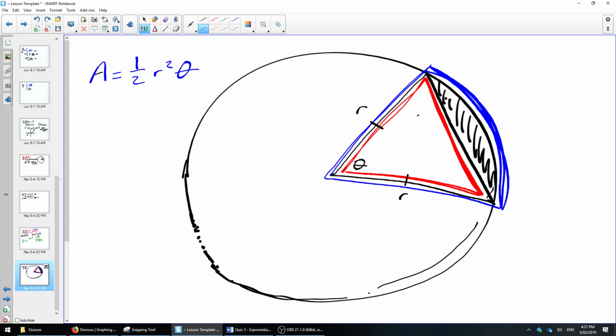That red area, the area of a non-right angle triangle, is half ab sine C, where C is the angle and a and b are the sides either side, which is r and r. So this would be half r squared sine theta.